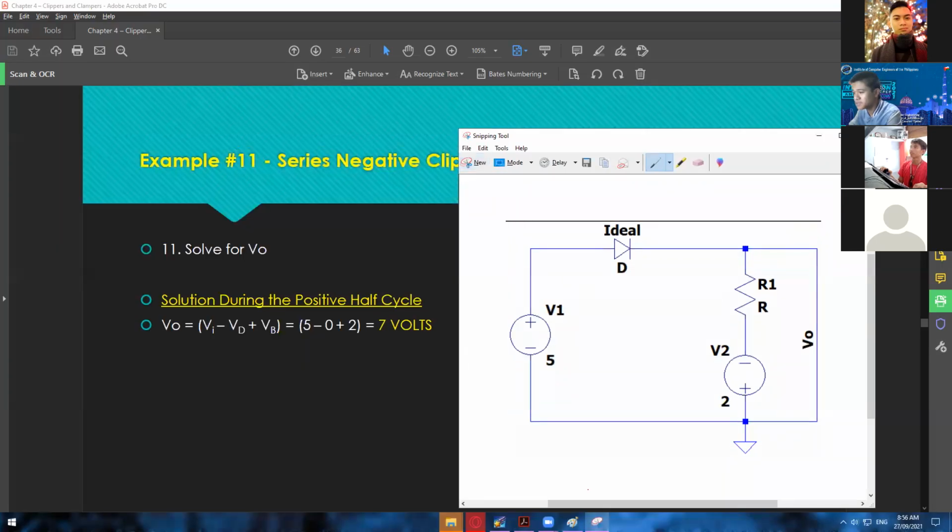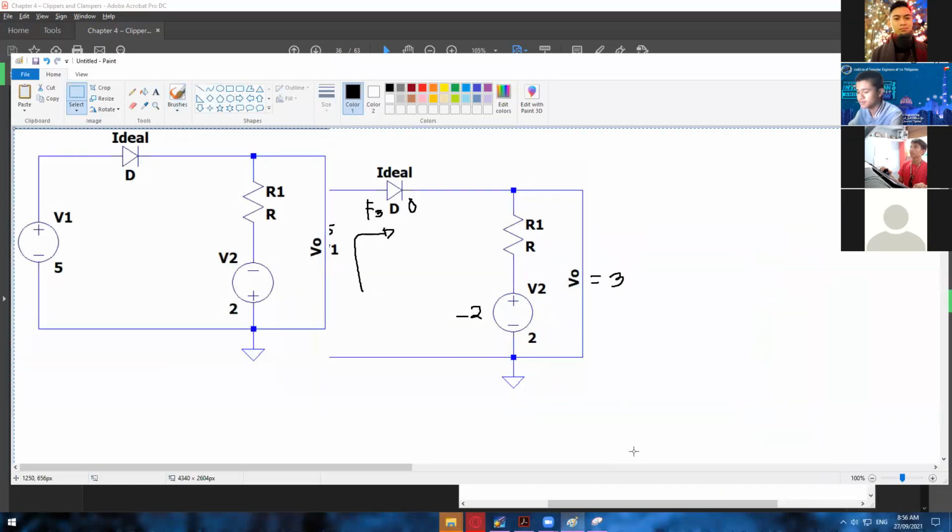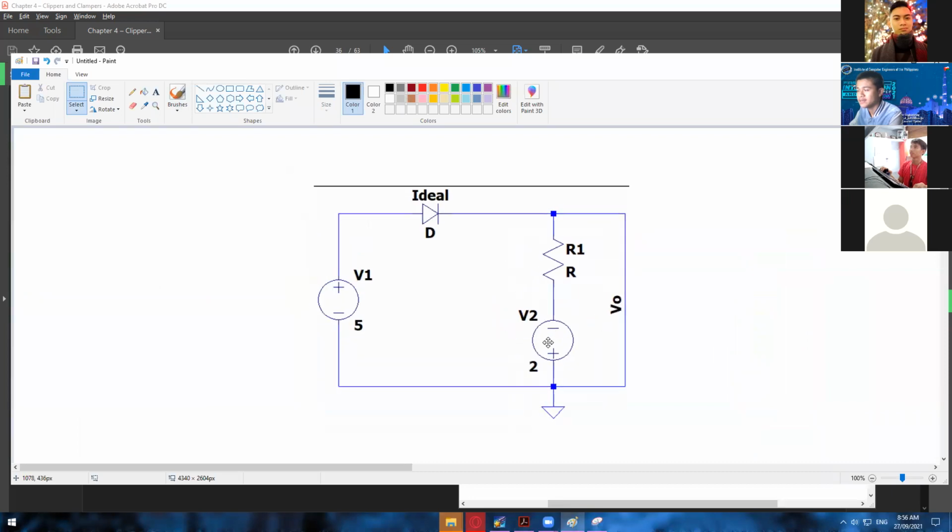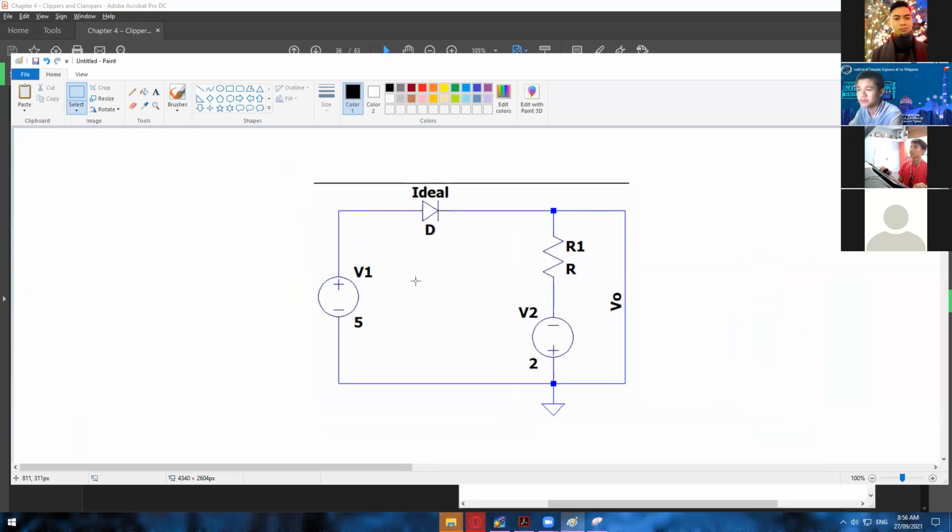But then again, there is only one flow of current that will dictate the current of your entire circuit. It could be the V1 or the V2. As you can see, whichever is the higher voltage is the one that will dictate the entire flow of current on the circuit. So we have a clockwise connection.